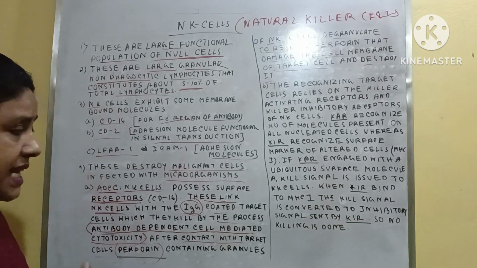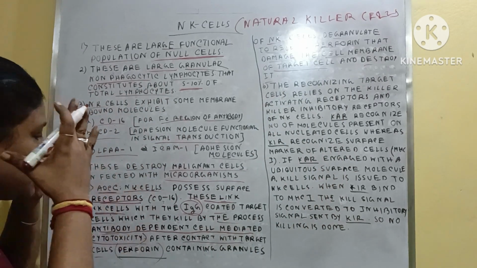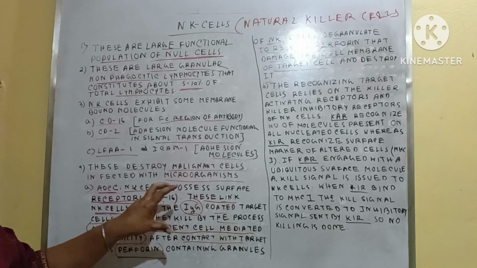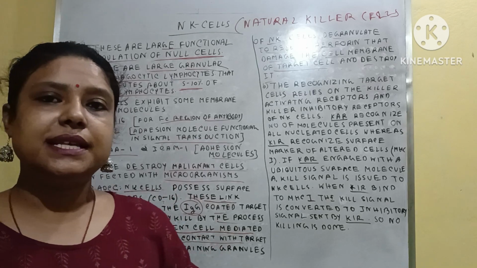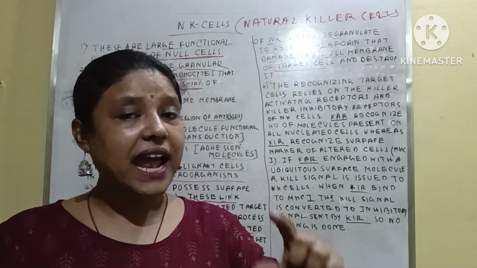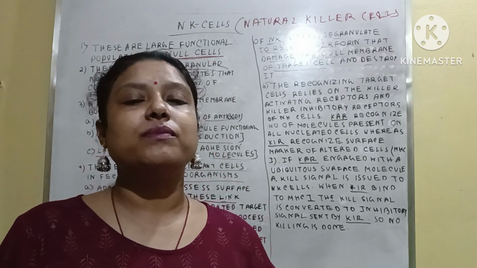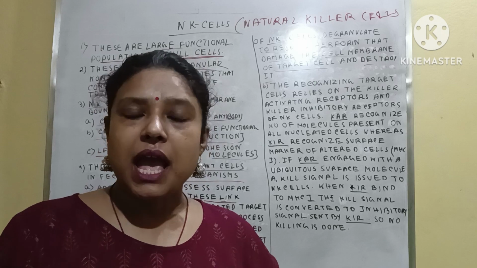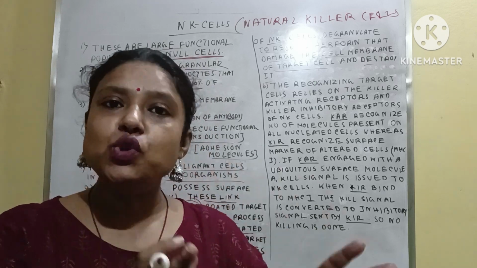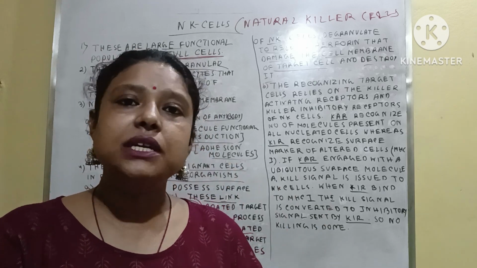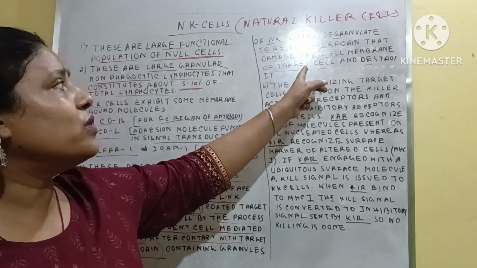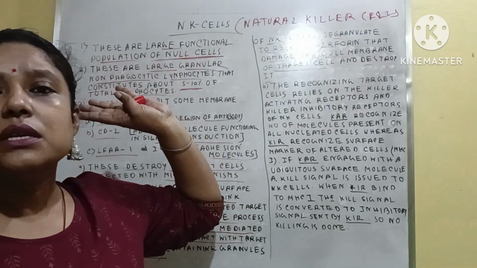What is being said in this paragraph is that one kind of granule, called perforin, is released from the NK cells, binds to the target cells, and tries to destroy the cell.